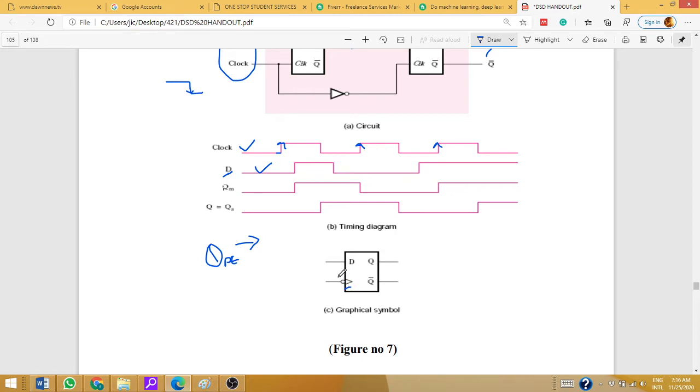This symbol is showing negative edge. If I ask you to draw positive edge, it will come later. Anyway, this is the symbol of positive edge, with D, Q, and Q bar. This is the positive edge symbol here. It is coming later.